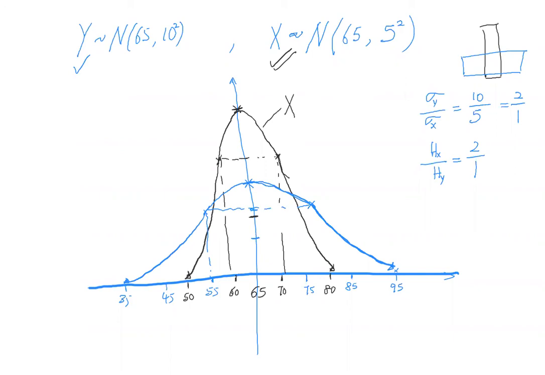Now I ask you, the probability of X more than 60 and less than 70, in comparison with the probability of Y more than 60, less than 70. Which one has a higher probability?